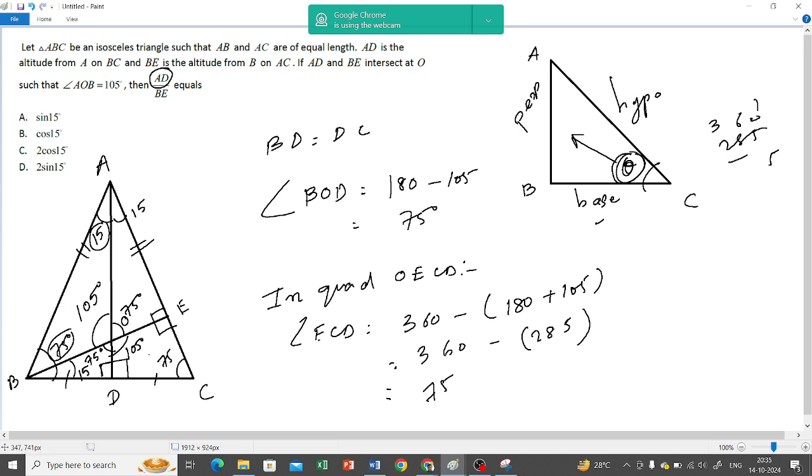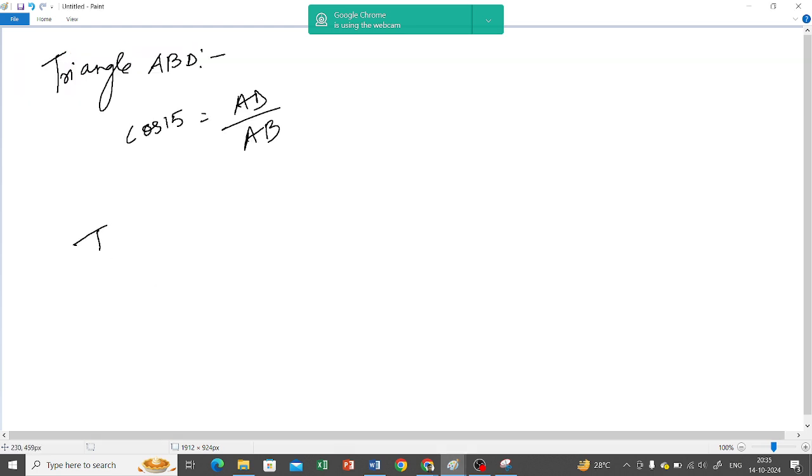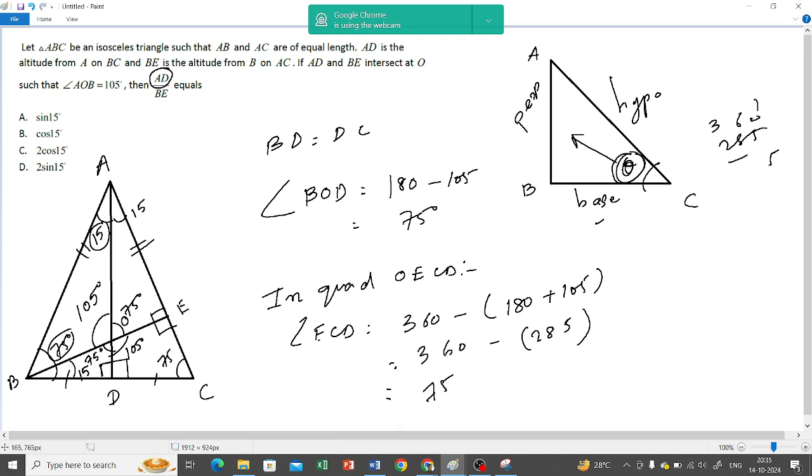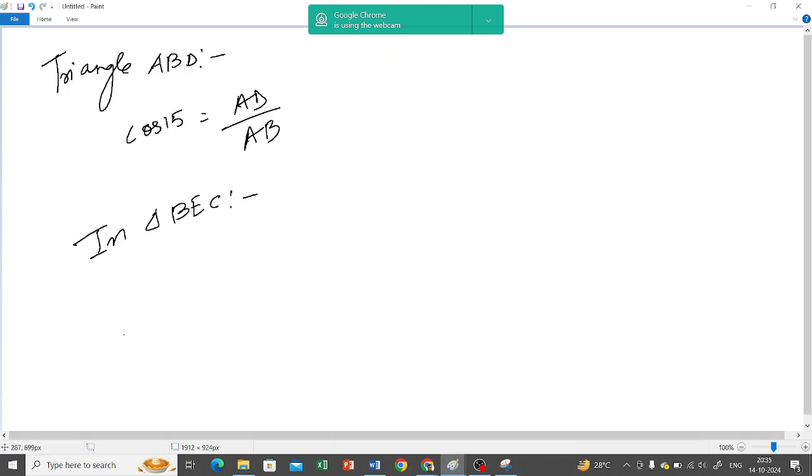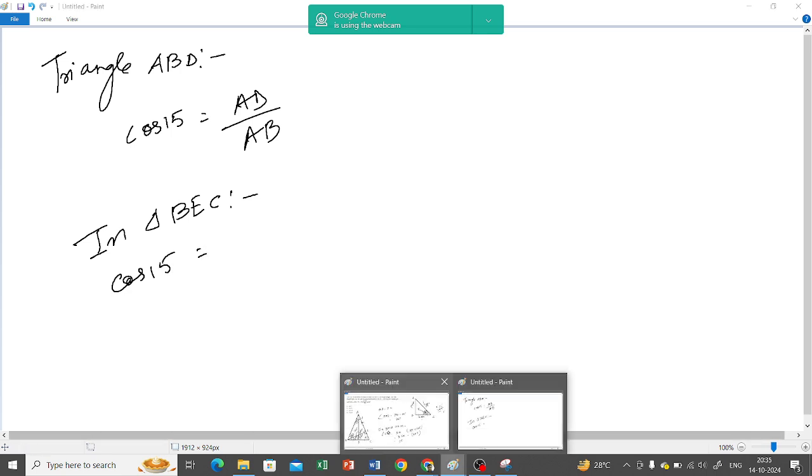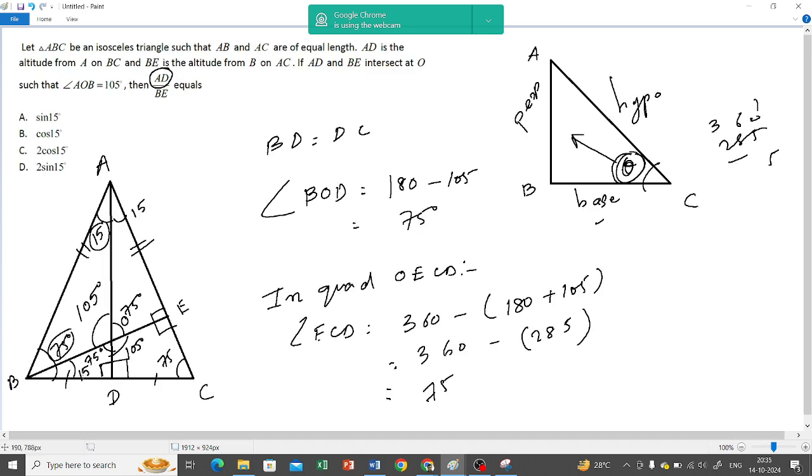So if I take triangle BEC, and again if I take cos 15, what am I going to get? Base by hypotenuse. So for cos 15, what is the base? Now BC is always the hypotenuse.